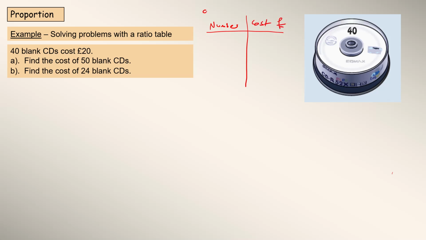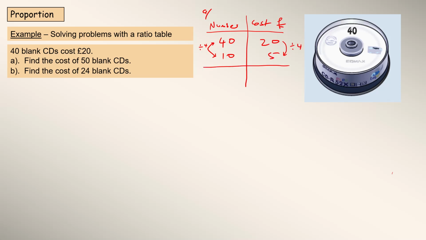If we're doing part A first, 40 blank CDs cost £20, so we can tabulate it. I need 50. So I need an extra 10. Now 10 goes into 40. Well, we should have the arrow the other way around really. So we can divide by 4 to get 10. We've got to divide 20 by 4, which gives us 5.